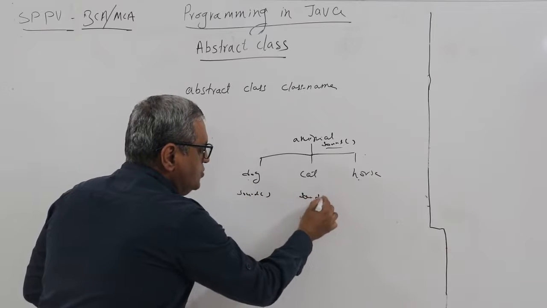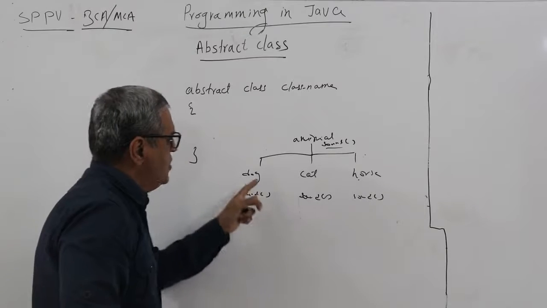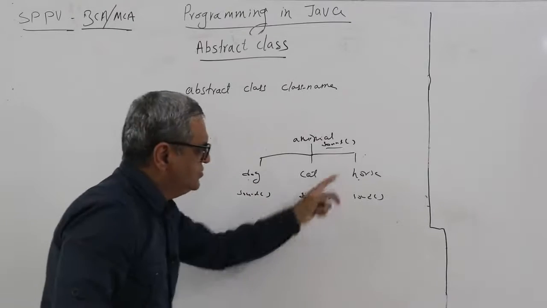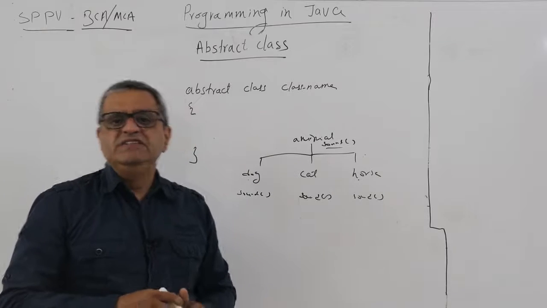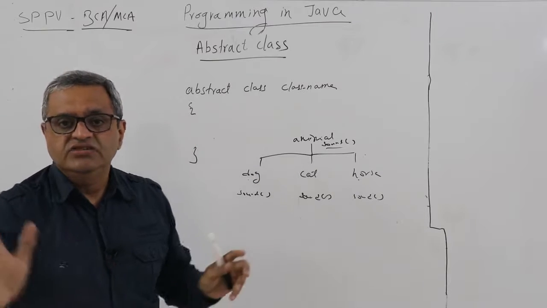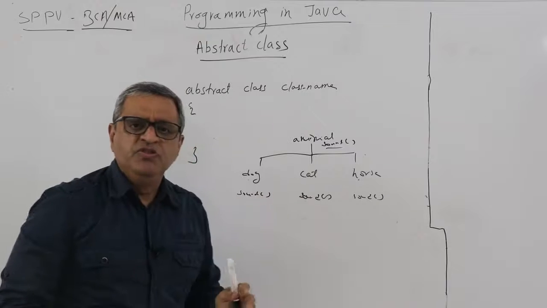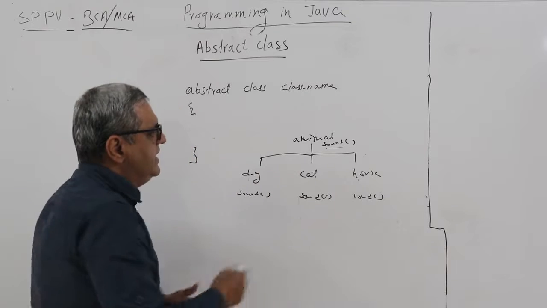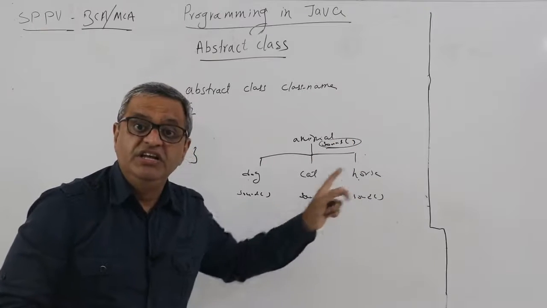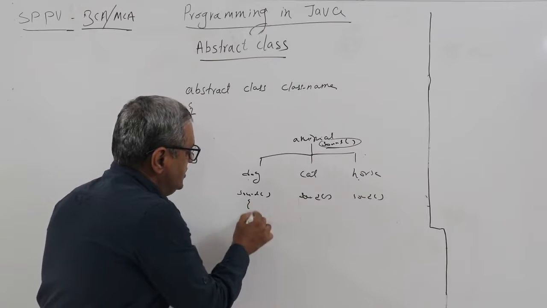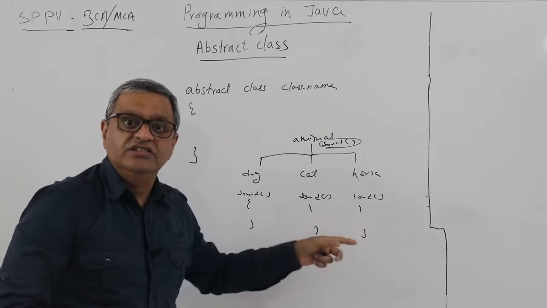I need to have the declaration of this method, because the sound of dog, cat and horse are all going to be distinct. Animal specifically doesn't have any sound, so all its children are going to have their own sound method. In that case, I can declare this method as abstract and just have a declaration there, whereas the details of the method will come in the child classes.